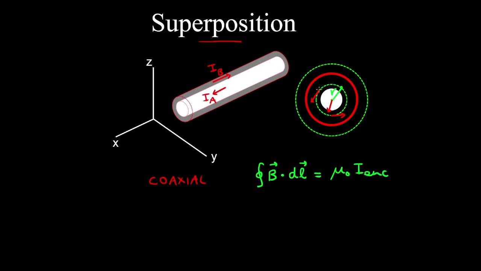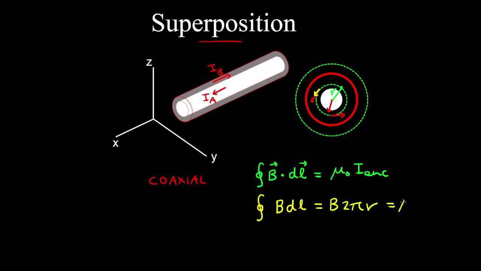And the differential length vector along this path is going to be in the same direction as the magnetic field vector. So therefore B dot dl is simply B dl, because cosine of the angle between them is 1. And then we integrate over the length of the entire circle. So we've already seen that because the magnetic field is uniform around the loop, then the integral evaluates to B by 2 pi r.